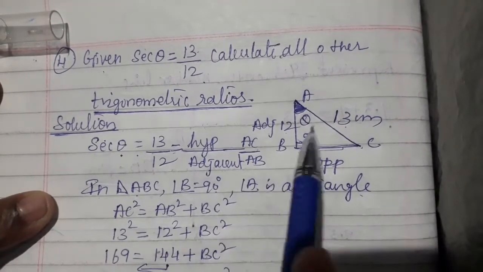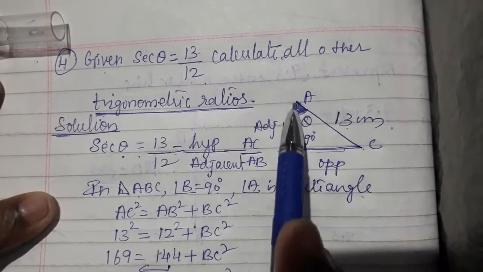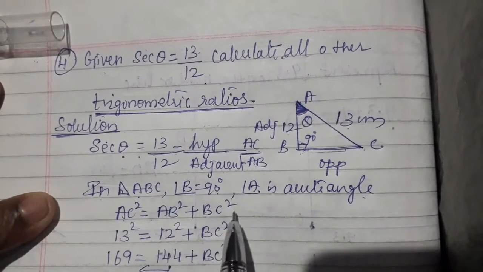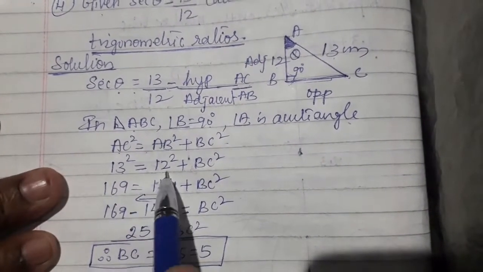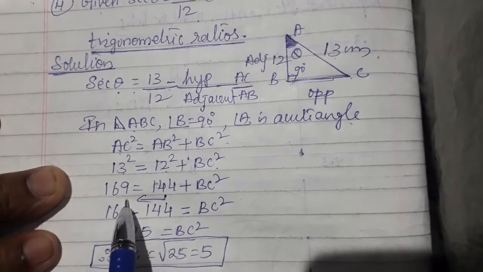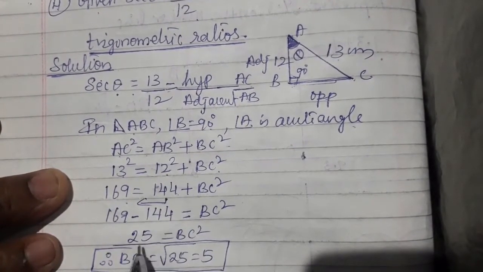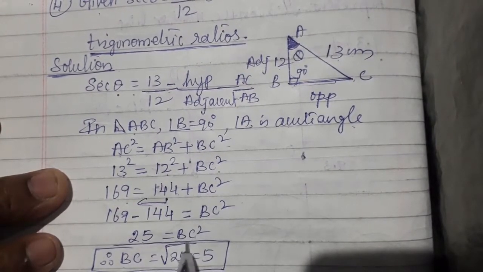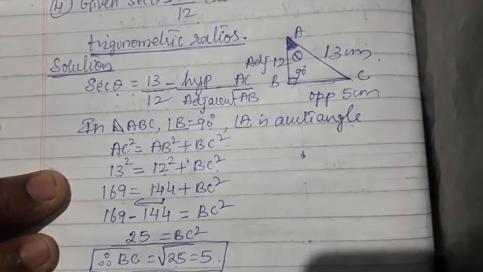Apply Pythagoras theorem: AC square is equal to AB square plus BC square. 13 square is equal to 12 square plus BC square. 13 square is 169, 12 square is 144. 169 minus 144 gives you 25, which is equal to BC square. Therefore, BC is the square root of 25, that is 5. So I got the opposite side as 5 centimeters.